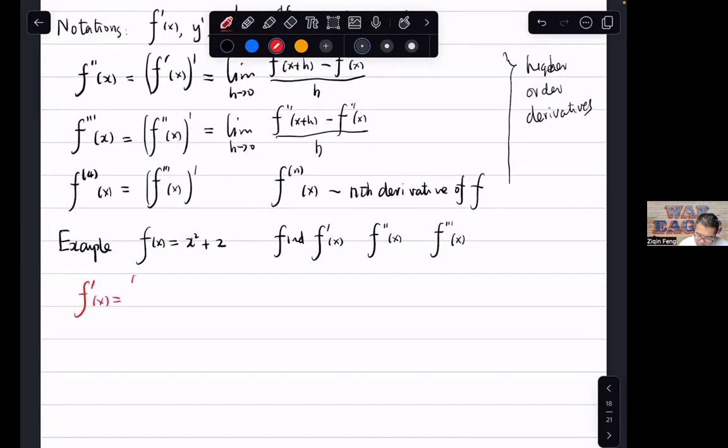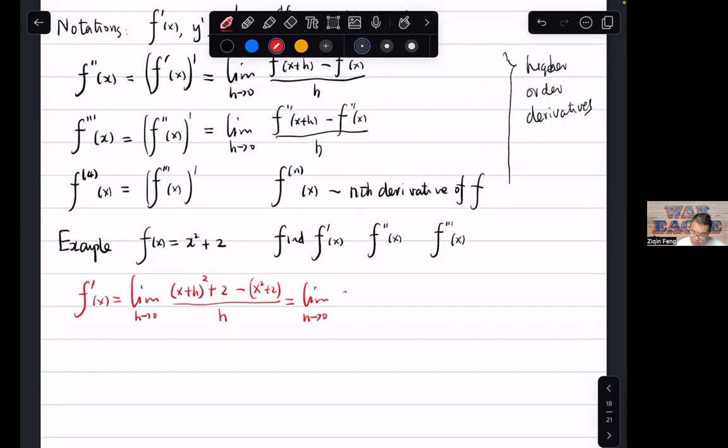This is equal to the limit as h goes to 0 of (x plus h) squared plus 2 minus (x squared plus 2), over h. So this is equal to, as h goes to 0, you cancel the numbers and squares.